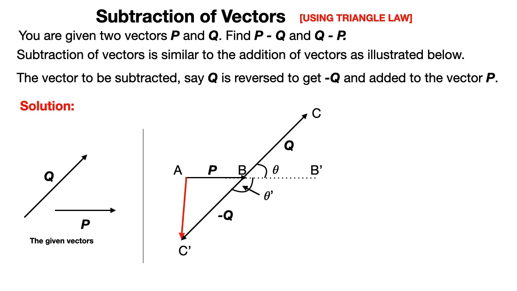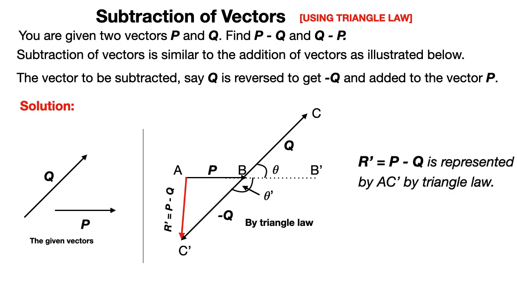Therefore, the closing side AC dash gives the resultant, or net effect, of P and minus Q. So AC dash represents R dash, or P minus Q. The direction of R dash is given by angle beta. Angle beta gives the direction of R dash, or P minus Q.